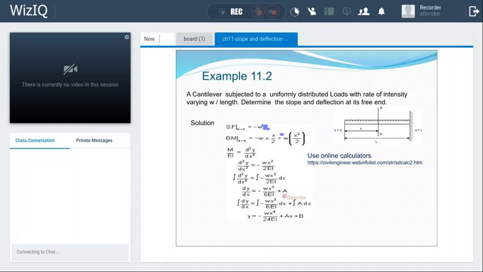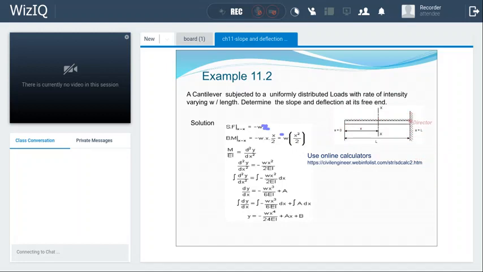Here we can say a constant of integration A. You can take any value, A or C1, or any other letter which you like. But this has to be determined in the same way as we have done in the previous problem by applying the boundary conditions for this beam. Because it is a cantilever, the boundary conditions will be the same.